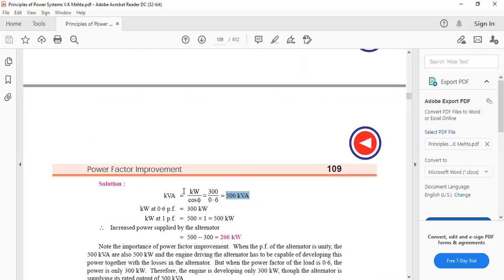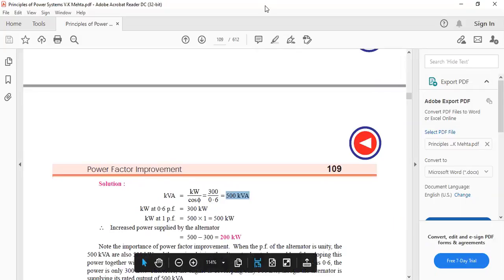Then what about kilowatts? The real power of your alternator when the power factor is 0.6 is 300 kilowatts. So then what about the real power of your alternator when the unity power factor is 1? Similarly, I am using the same formula.